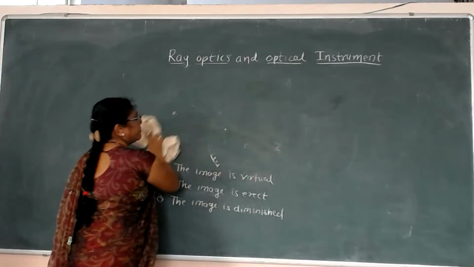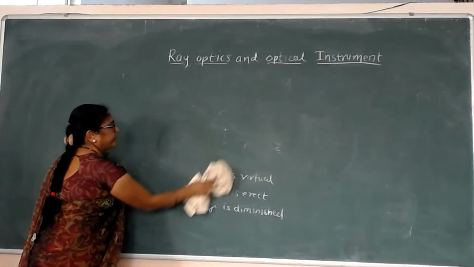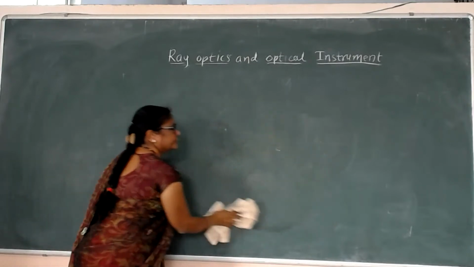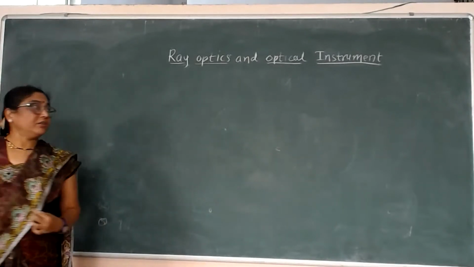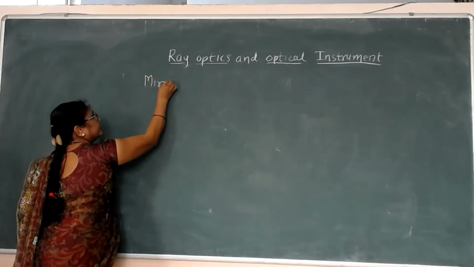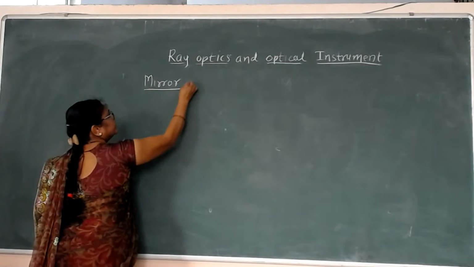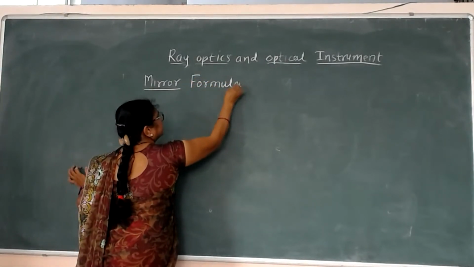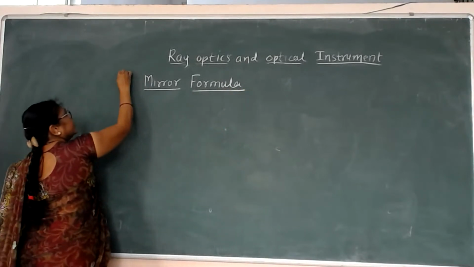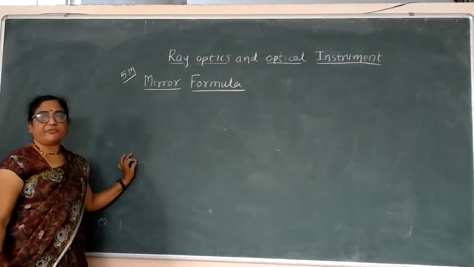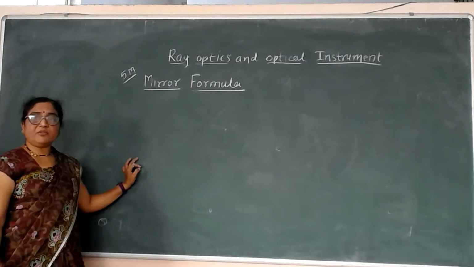Then next we study the mirror formula. The mirror formula gives the relation between F, U and V, where F is the focal length.